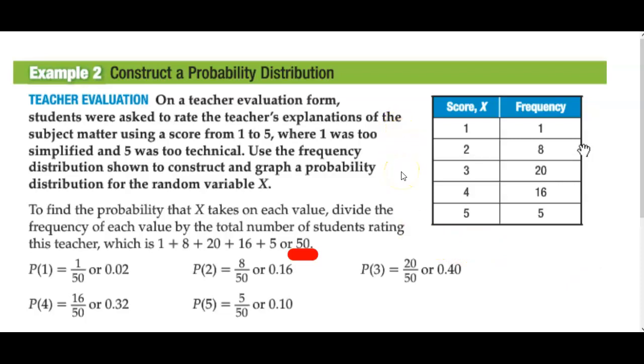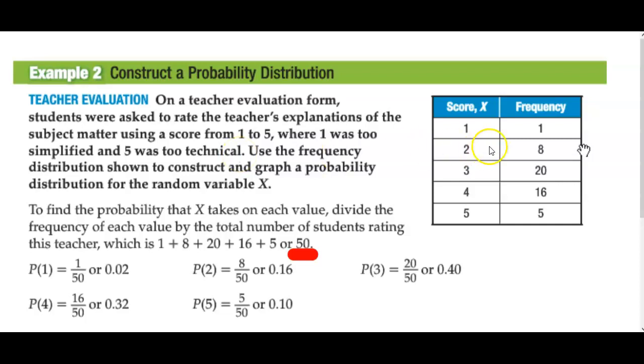So a teacher put out an evaluation form, and the students were asked to rate the teacher's explanation of subject matter on a score from 1 to 5, where 1 was too simple and 5 was too technical.